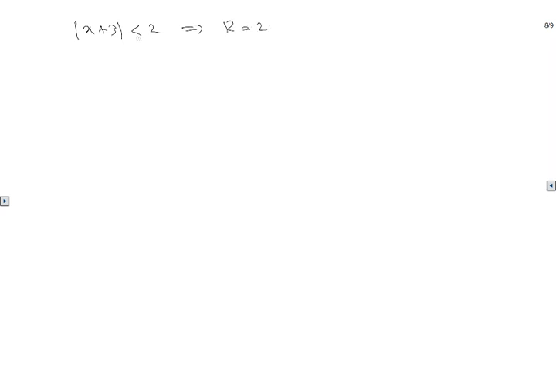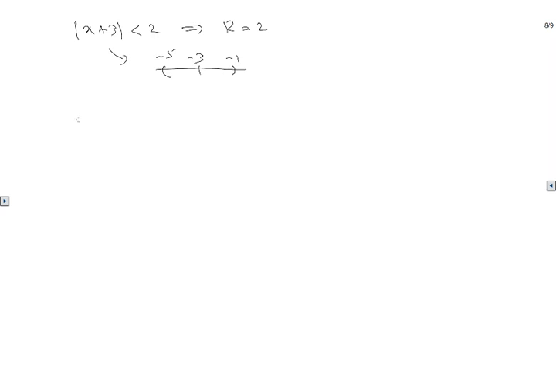So r equals 2. You always need to solve for that first. This also gives you an interval. The interval starts at -3, and you go 2 distance to each side. That means -1 and -5. So those are the corners, and we can evaluate at those 2 corners.